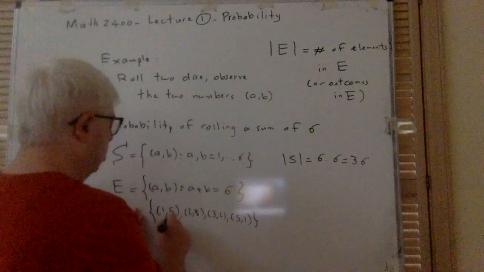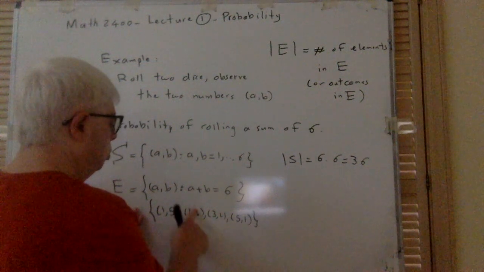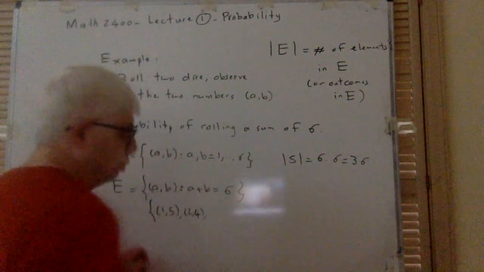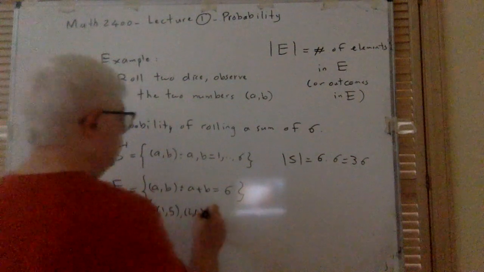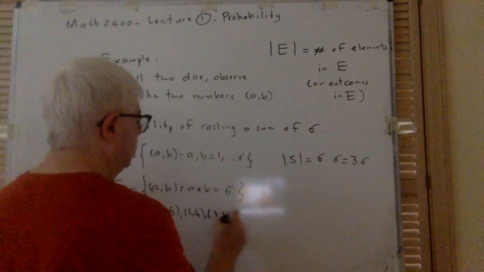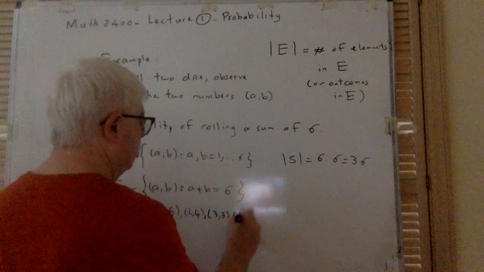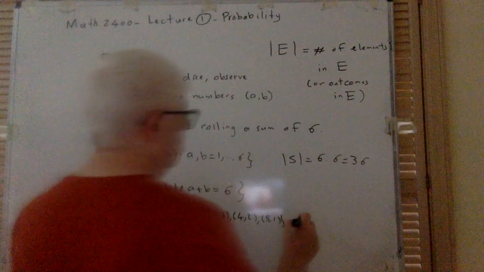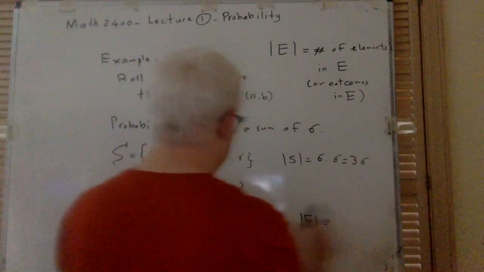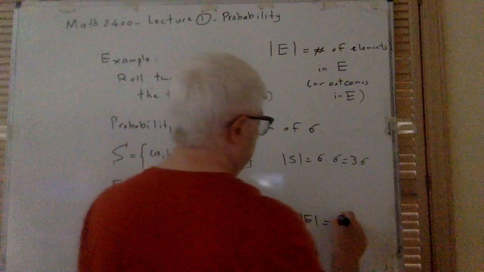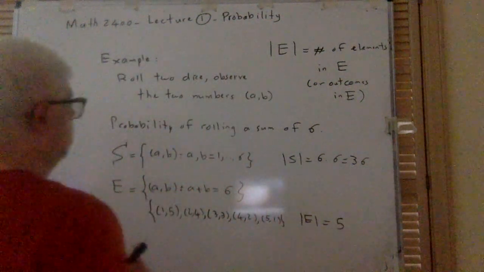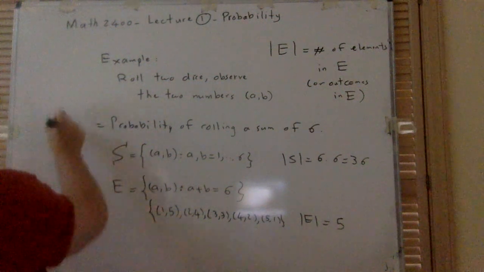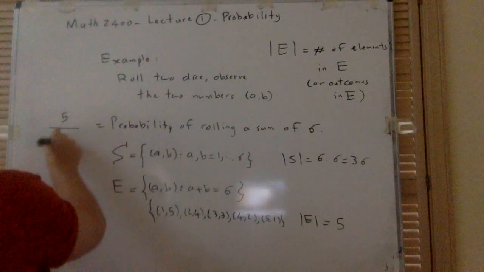And also, no, not 2, 3, 2, 4. 2, 4, that's 5, right? 2, 4, sorry, 3, 3, and then I have 4, 2, and then I have 5, 1. So the number of elements in E is simply 1, 2, 3, 4, 5. So the probability is in fact 5 over 36.